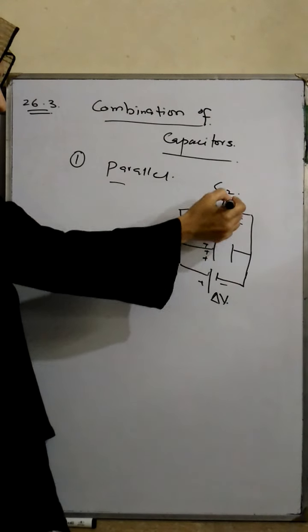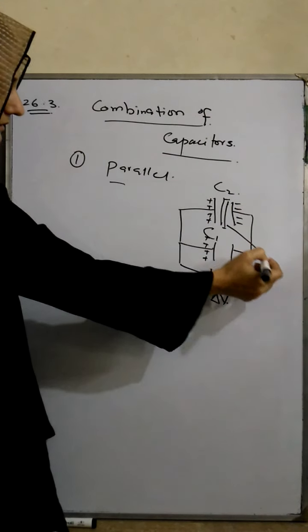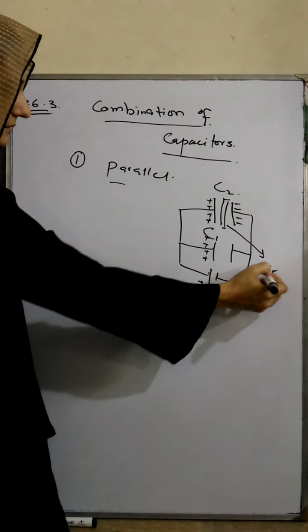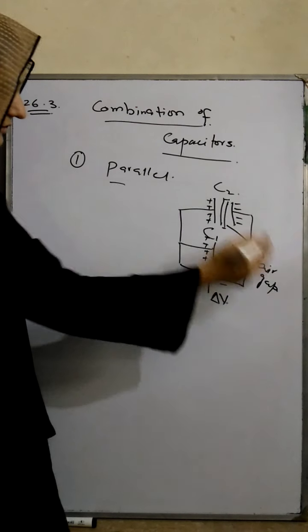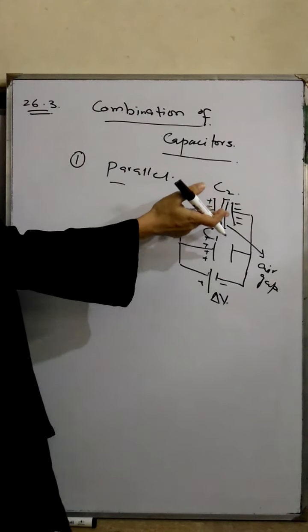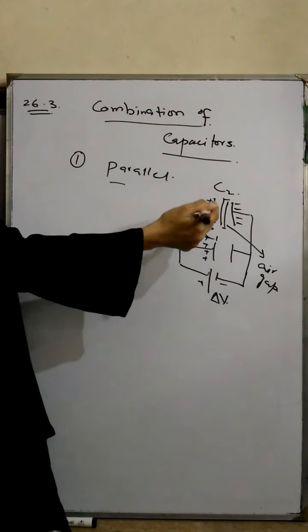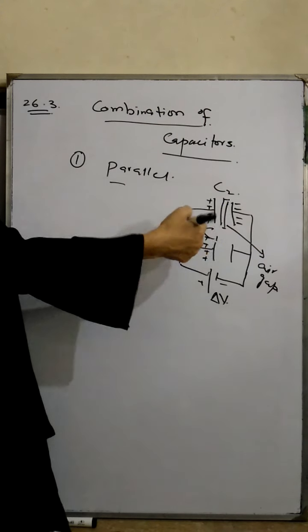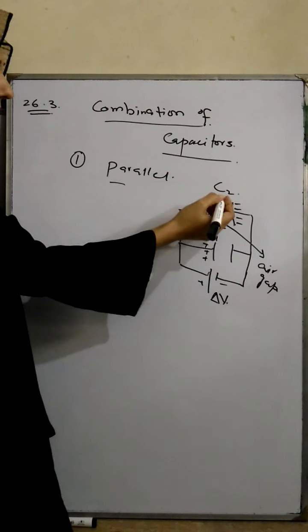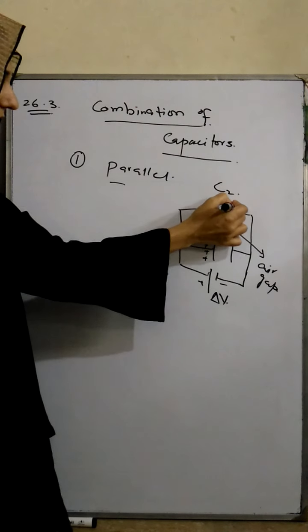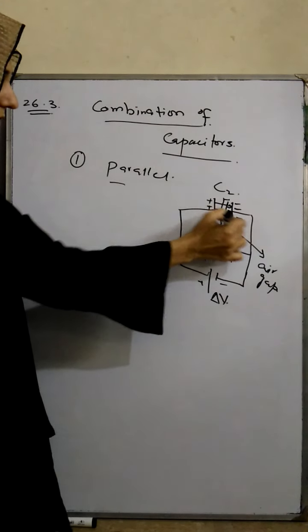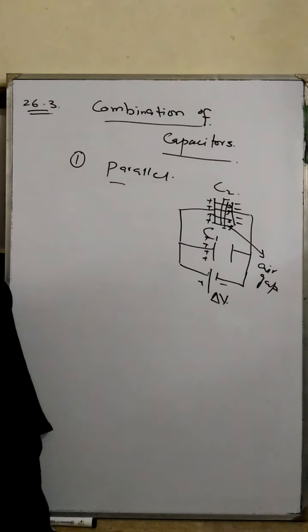As there is this air gap or some dielectric present within these two conducting plates, so they won't be able to cross over, and the electric field will be from positive to negative side.